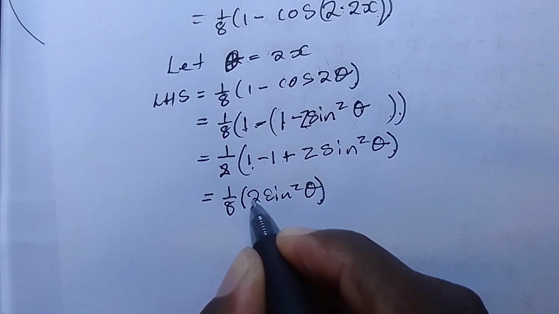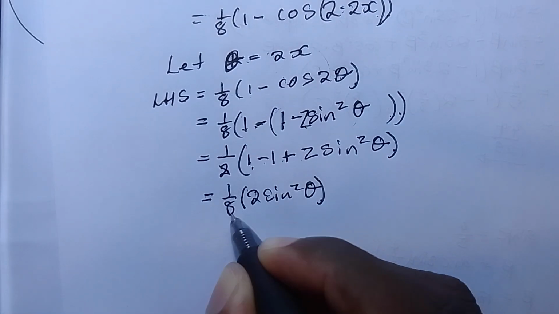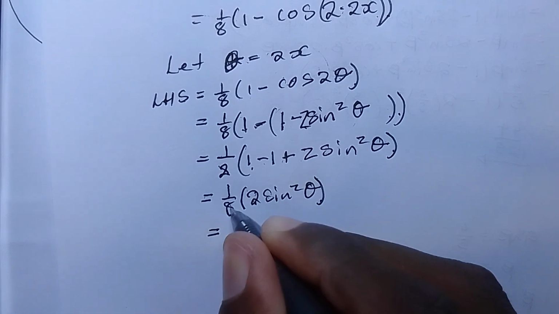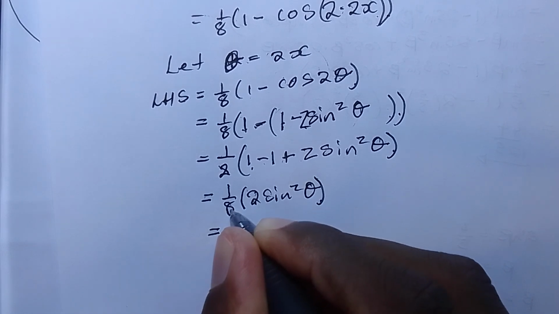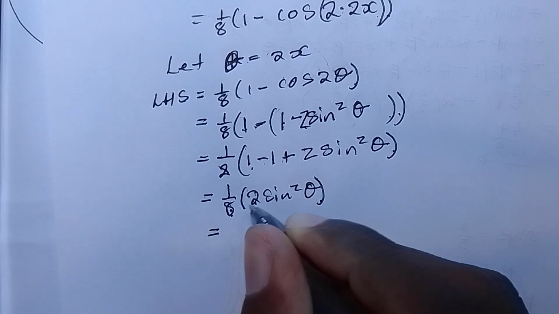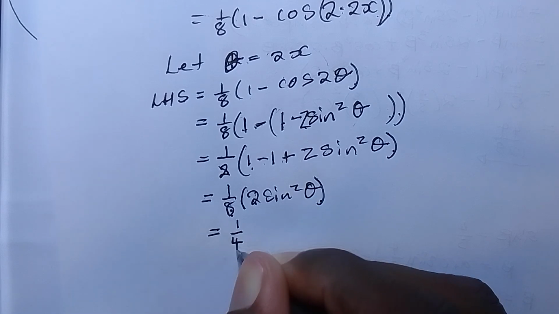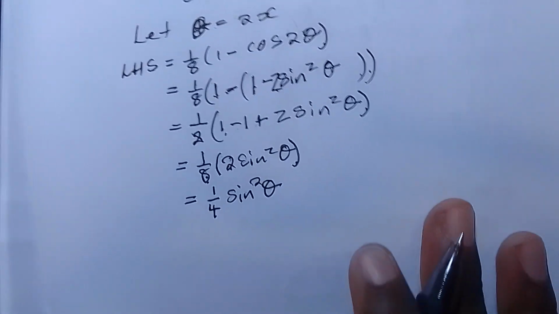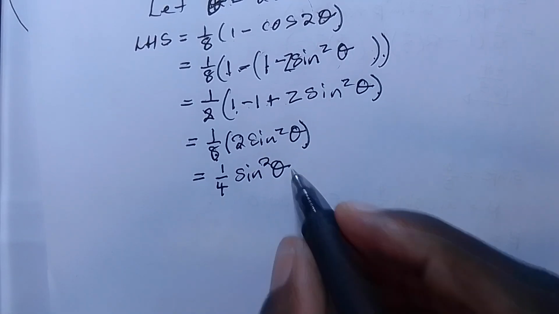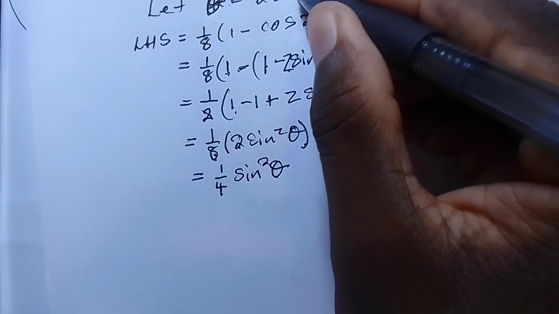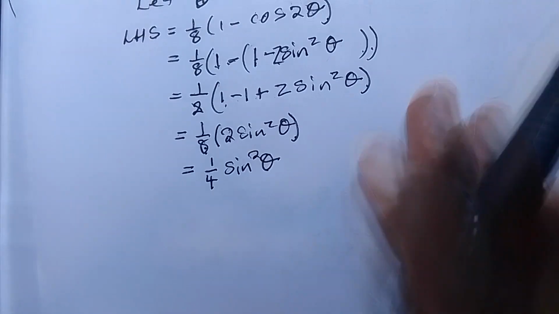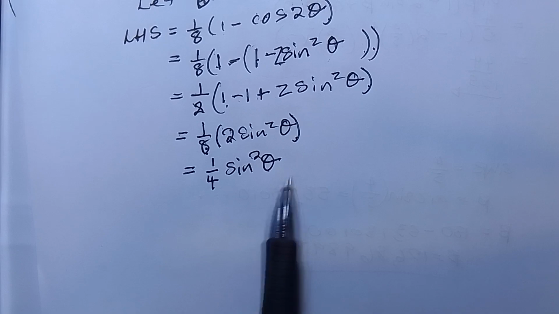And the 2, you can write 1 over 8 multiplied by 2 on a calculator, or you can say 8 has 4 times 2, so we cancel the 2's, you have 1 over 4 sine squared theta. Now what you're going to do is substitute back the 2x in the place of theta, because you can't simplify this any further.